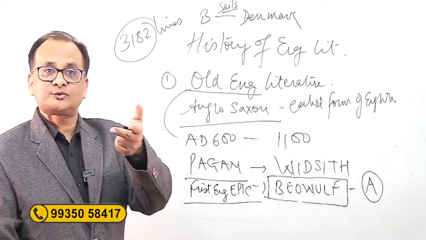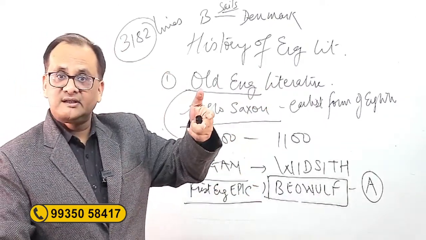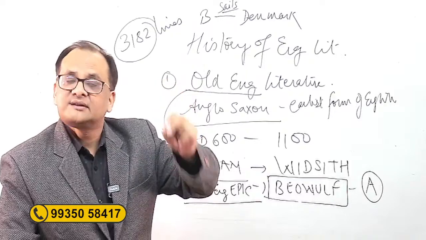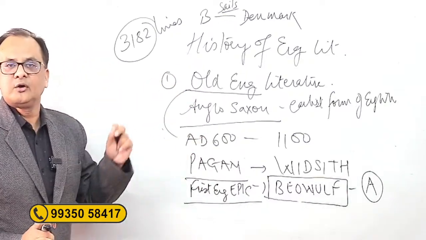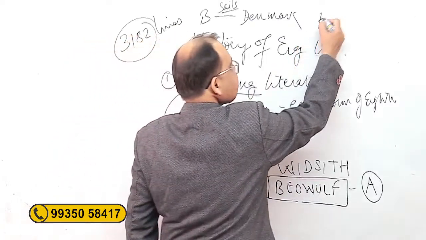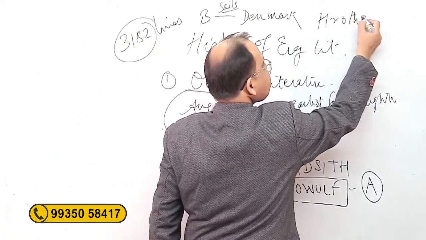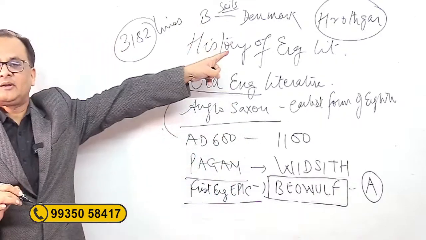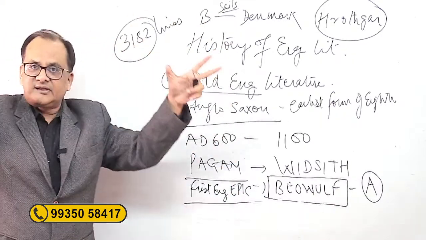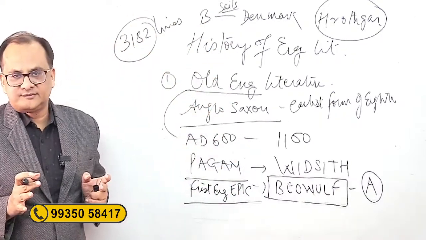And why does he sail to Denmark with a band of warriors? Basically to save the king of Denmark. And the name of the king of Denmark was Hrothgar. To save him, they went with a band of warriors.